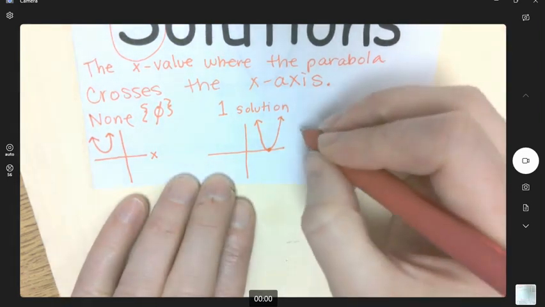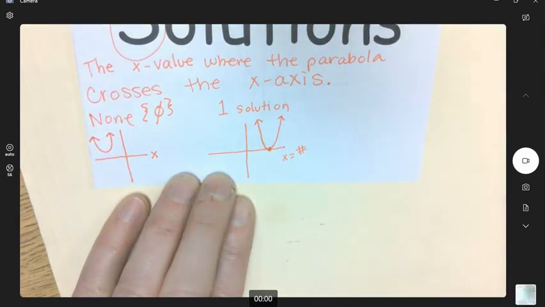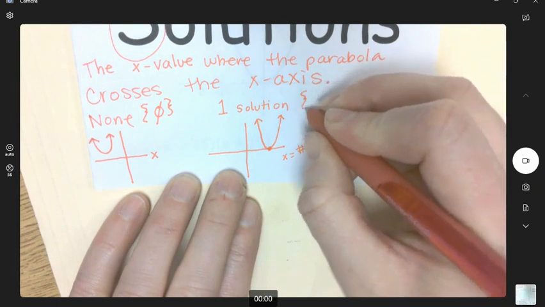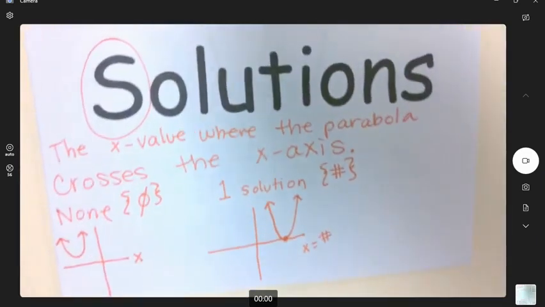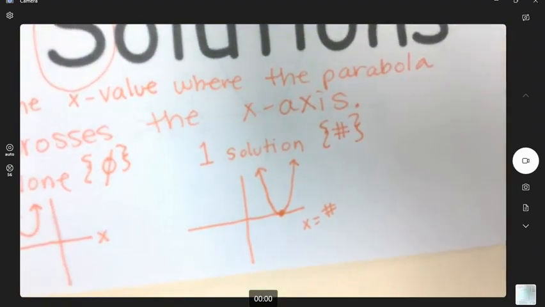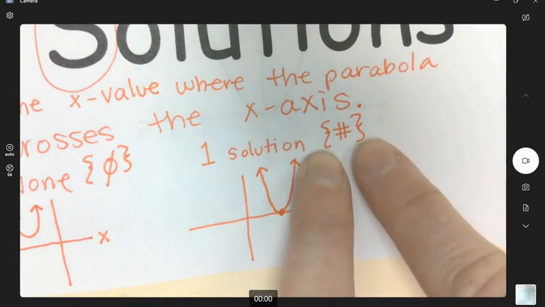So you'll see this as x equals some number. So you'll just have one answer. You might see it with these little squiggly braces and a number inside. It's not a coordinate pair because you just have one answer. So it's not parentheses, it's the squiggly braces.